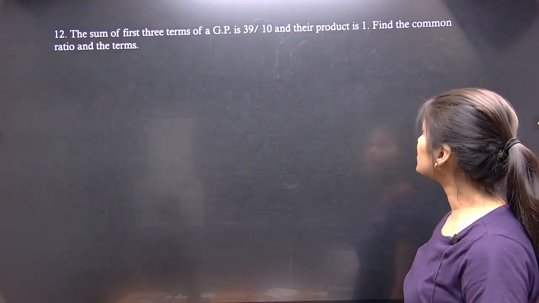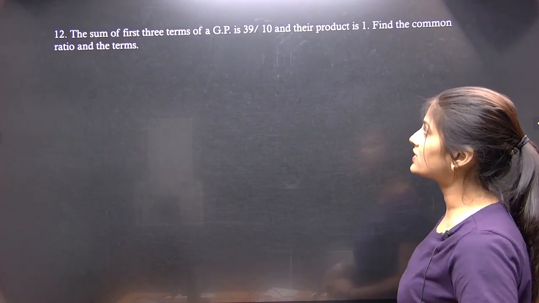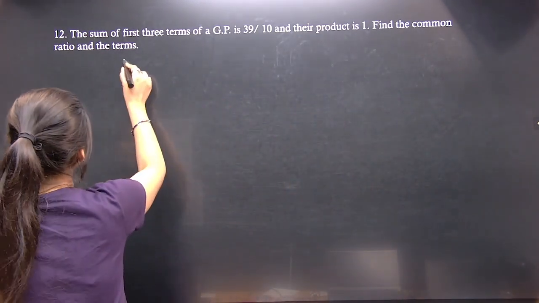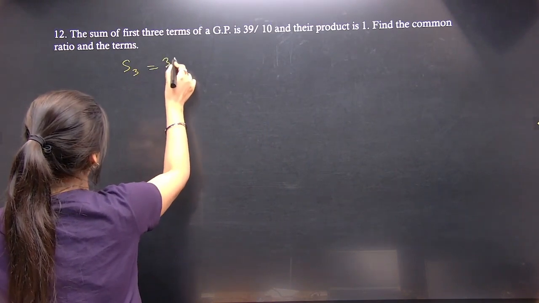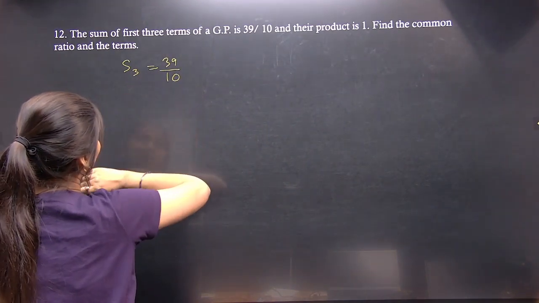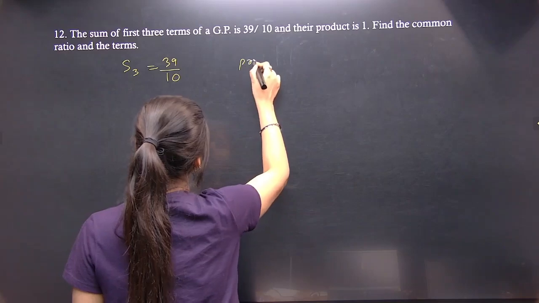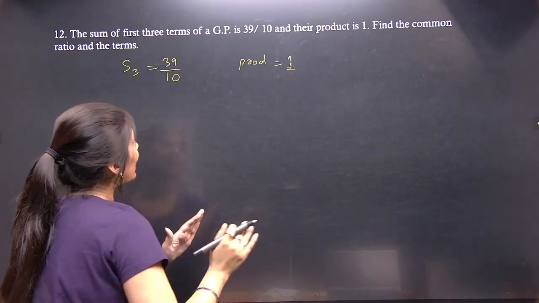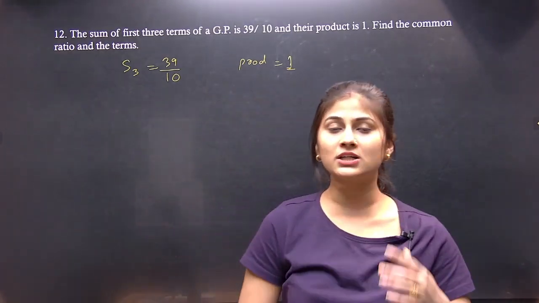Now see, question number 12 says the sum of first 3 terms of a GP is 39 by 10, and their product is 1. Like in AP, if the sum and product are given, then you have to consider 3 terms.